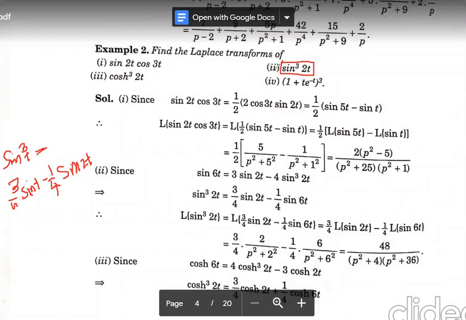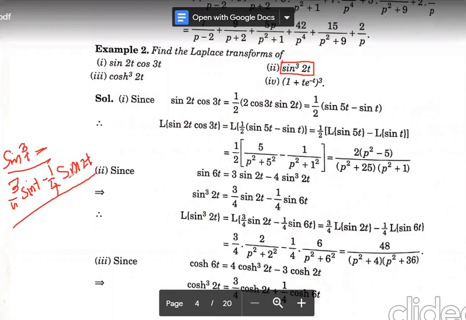So you can't find it for sine square. So in order to find the Laplace transform of sine square, sine cube, or sine to the power 4, whatever it may be in the power form, first you need to reduce the power to 1, by using your trigonometric formulas. So using this trigonometric formula for sine cube t.